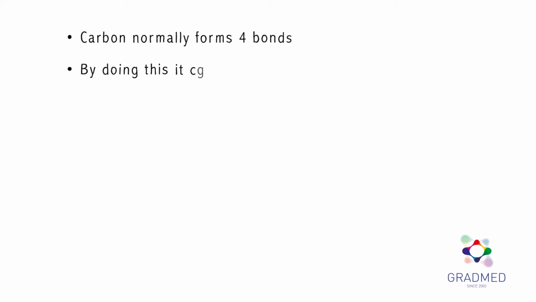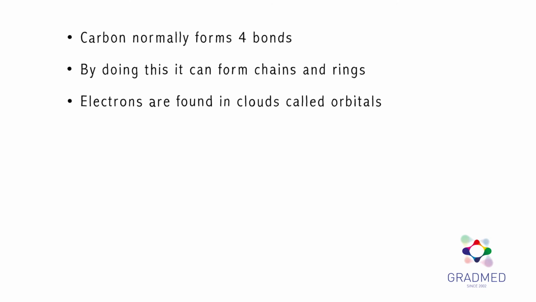So to summarize, carbon normally forms four bonds. And by doing this, it can form chains and rings. Electrons are found in clouds called orbitals, and the two main types of orbitals are s and p.